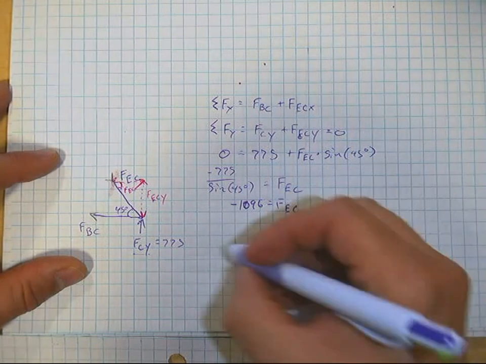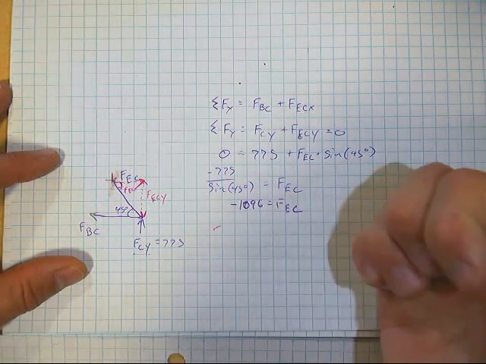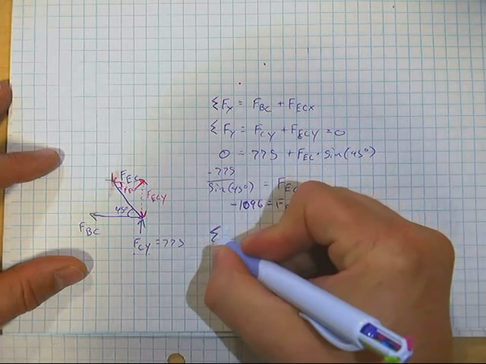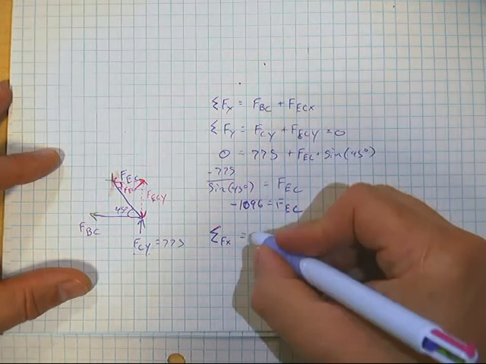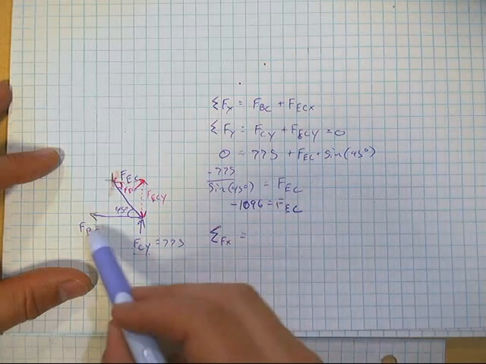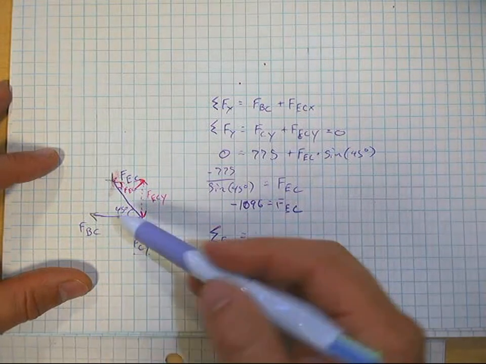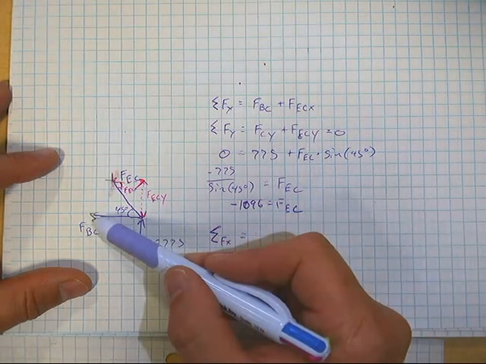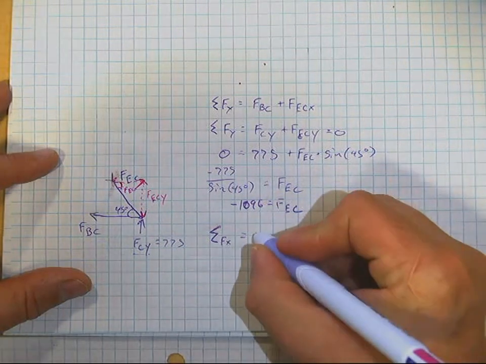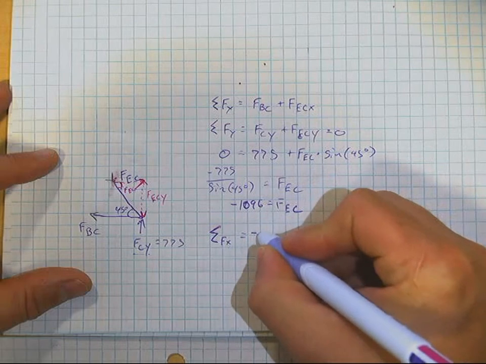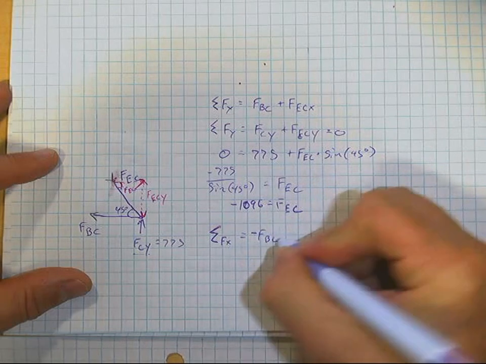Okay, so now we can do our summation of our x forces. That's going to be FBC. Now we know that FBC is going to be negative, because we assume that it's in tension. That means it's going to the left. So we have a negative value there. So we have negative FBC, whatever that is.